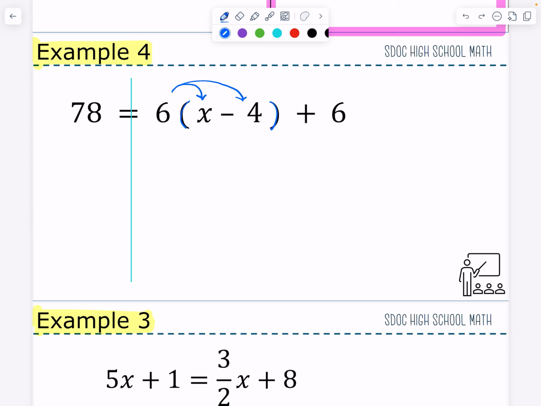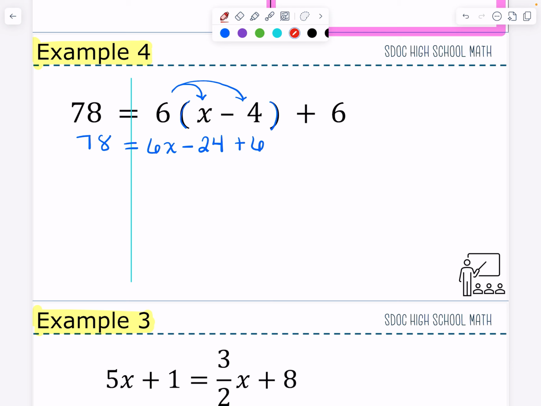So when I rewrite this equation, I have 78 equals 6x minus 24, or negative 24, and then bring down positive 6. Okay, that's the distributive property first. Now, after that, I'm going to look at it and see, are there any terms that I can combine?